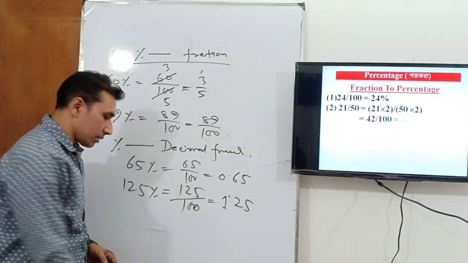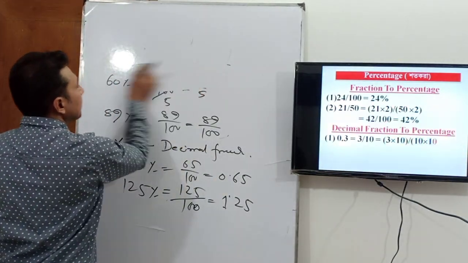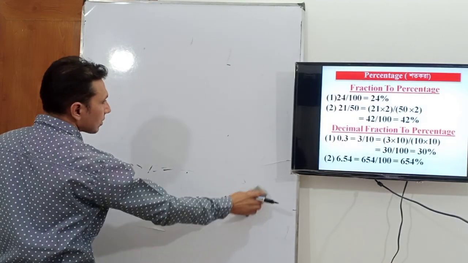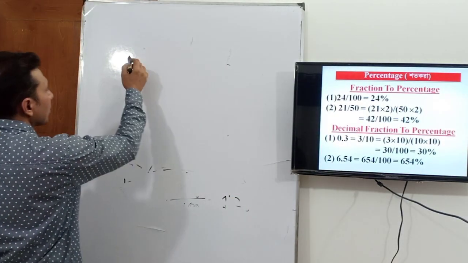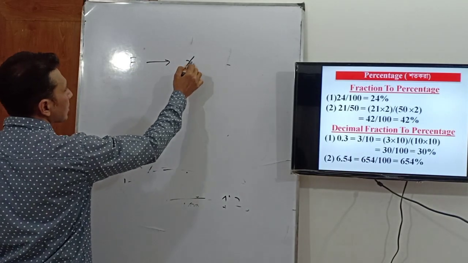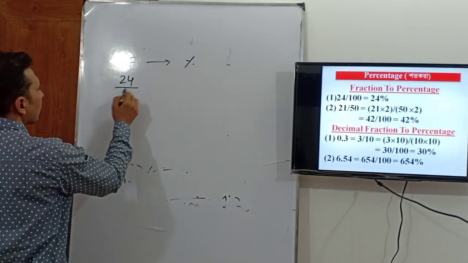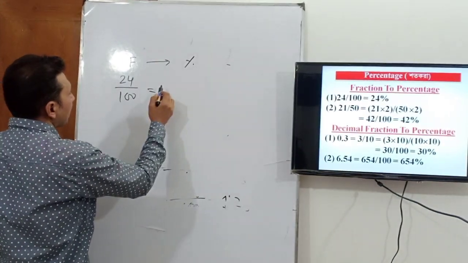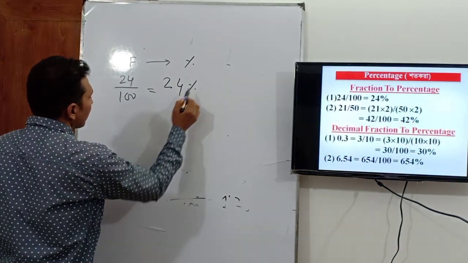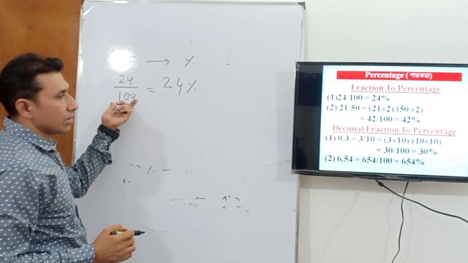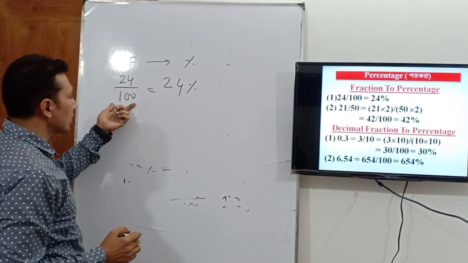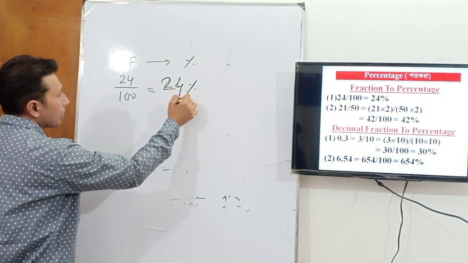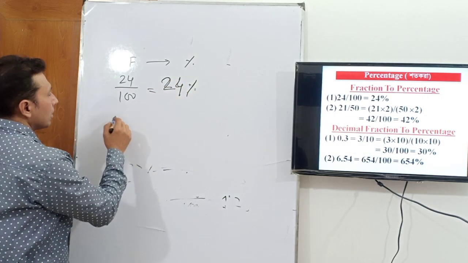Then fraction to percentage. Now we easily convert fraction to percentage. For example, 24 by 100 equals 24%, because the denominator is 100. Any number whose denominator is 100, you must write as a percentage like this.